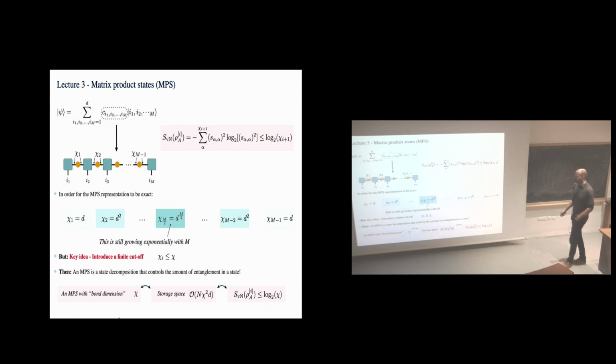If I have an MPS with bond dimension chi, then you can easily see that the storage space I need is proportional to the number of sites, sorry, it should be m, the number of sites, times chi squared times d, because each of these three-dimensional tensors has something like chi squared d elements, and I need just m of them. This can be much, much lower than 2 to the power m, of course. The price I pay is that I limit my entanglement to the logarithm of this cutoff value that I choose.